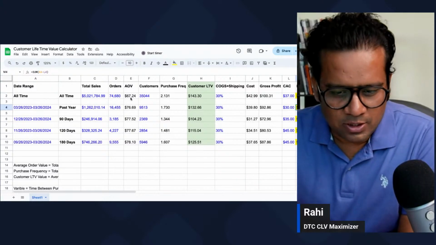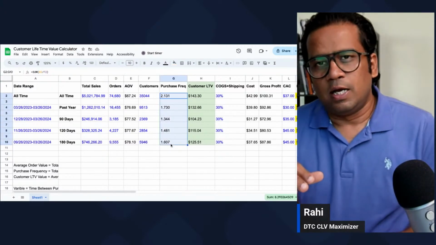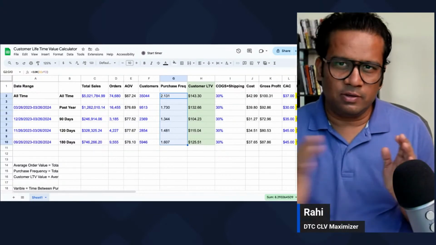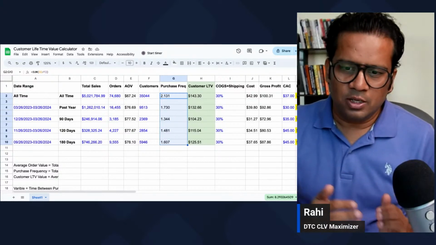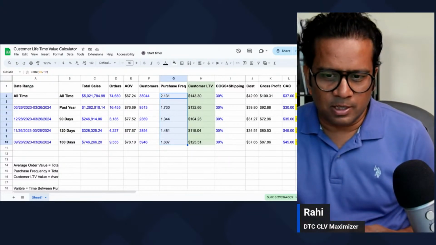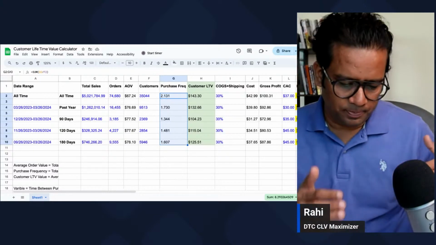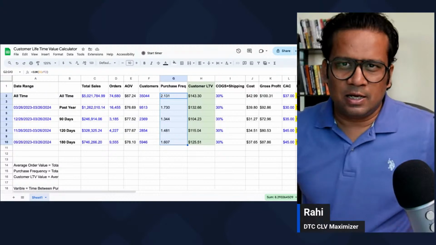But once you get the AOV, you get this customer, then there is a purchase frequency. It might be the same customer, but they will eventually buy down the road. So eventually your customer lifetime value will keep on changing, and the customer lifetime value will keep on increasing if you elongate the duration.